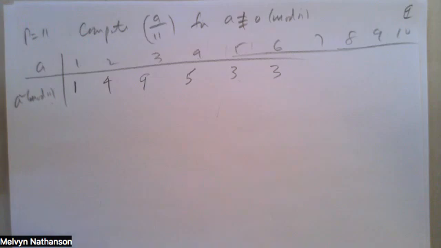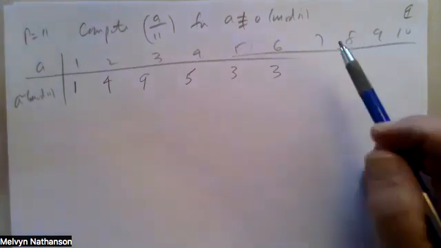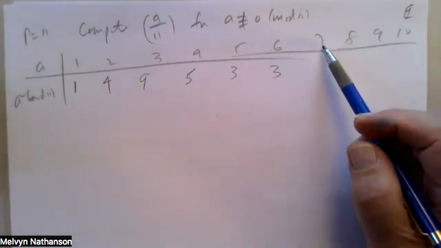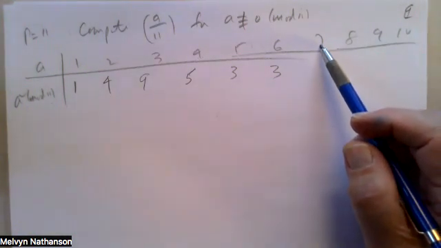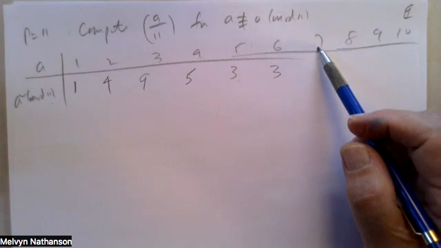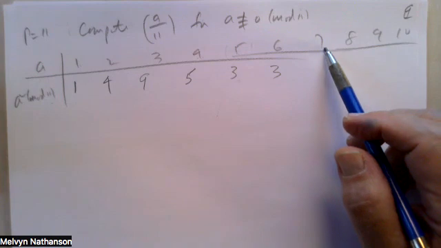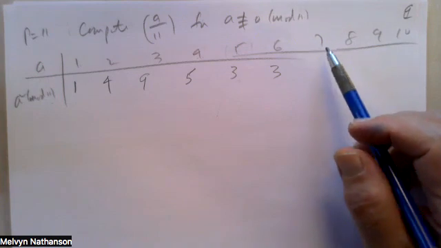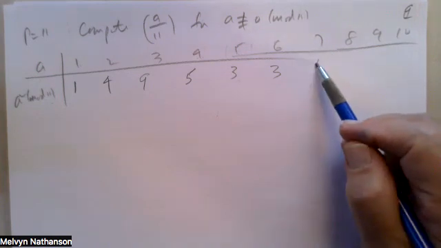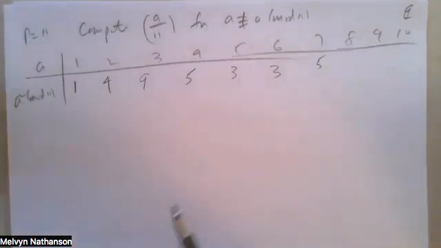Is it 4? 7 squared is 49. 49 minus 4 times 11, 49 minus 44. What's 49 minus 44? 5. Yeah, that's what it is. What's 8 squared mod 11? 8 squared is 64.